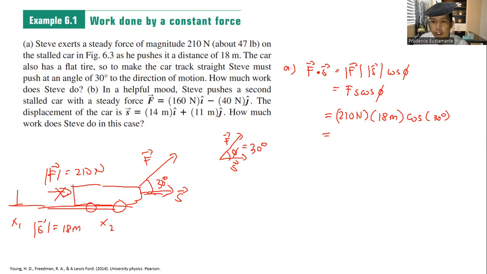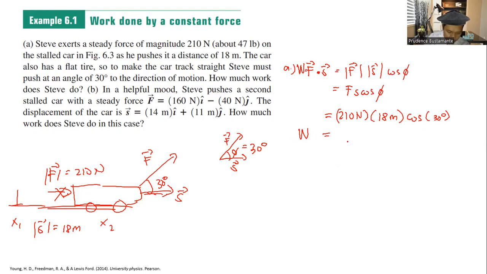So the work done is equal to 210 Newton times 18 meters times cosine of 30 degrees.